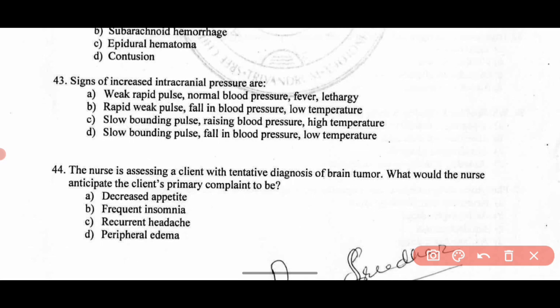You can remember like this: compare and contrast while you are studying, or study along with the rationale, so that it will be very useful for you. So here the right answer is, in case of increased intracranial pressure, the pulse rate is going to be decreased or slow. Respiratory rate, temperature, and blood pressure are going to increase. So the right answer is option C.